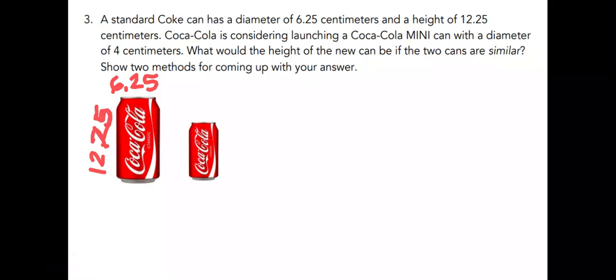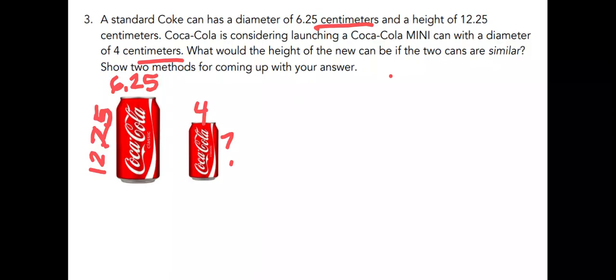Sorry about that. 12.25 centimeters. Coca-Cola is considering launching a Coca-Cola mini can with a diameter of 4. Oh, little baby. Centimeters. Okay, so the good news is we don't have to change units. It's all in centimeters. What would be the new height of the new can if the two cans are similar?